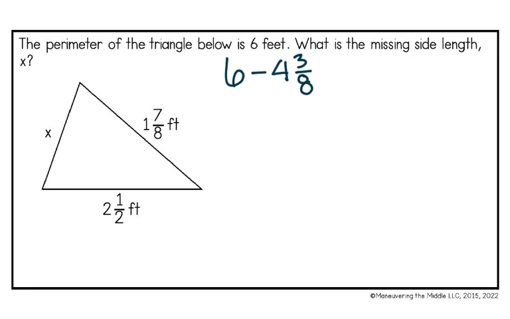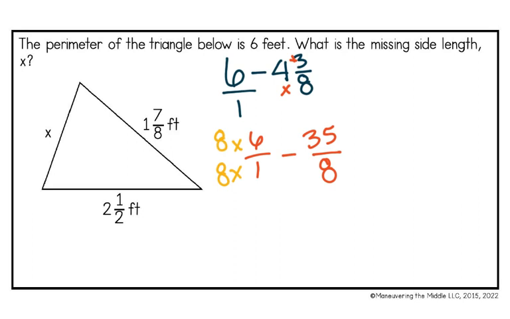So I'm going to start by putting 6 over 1 and turning 4 and 3/8 into an improper fraction. So 8 times 4 is 32, plus 3 is 35. I can use 8 as our least common denominator, because 1 times 8 is 8. So I'm going to go over here, multiply the denominator by 8, multiply the numerator by 8.